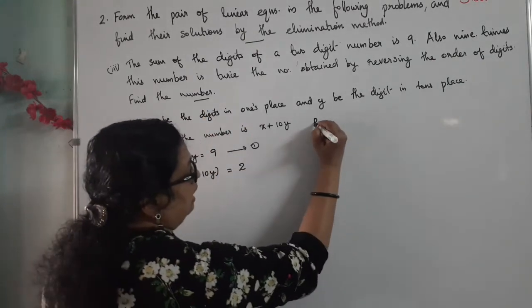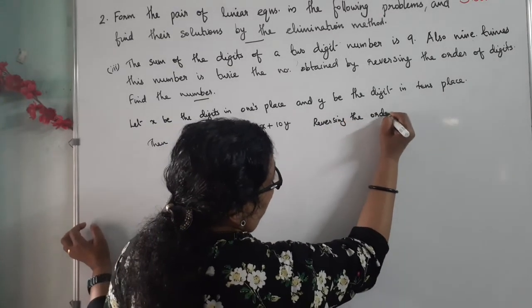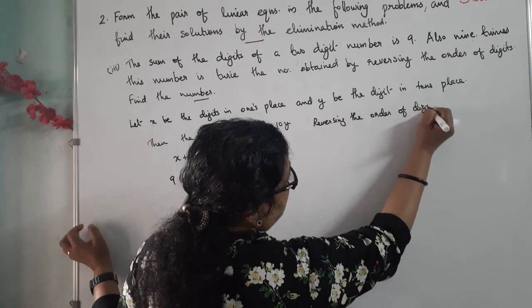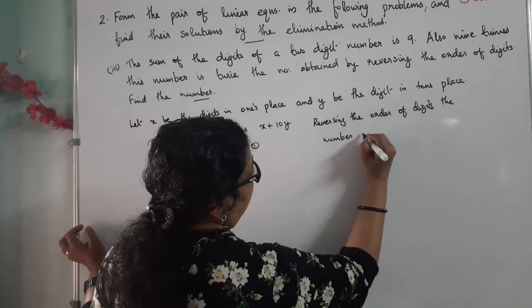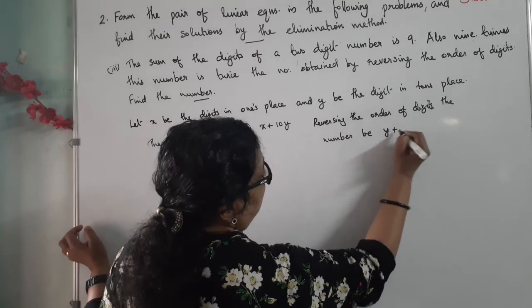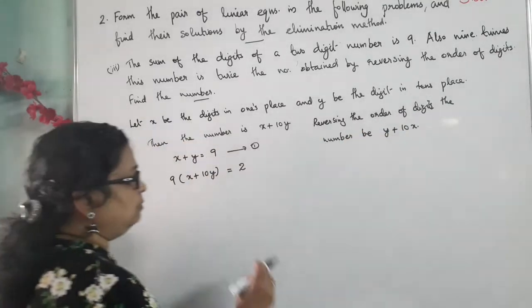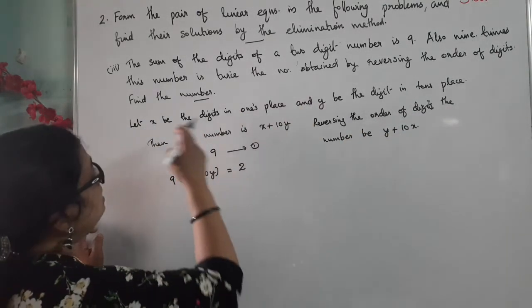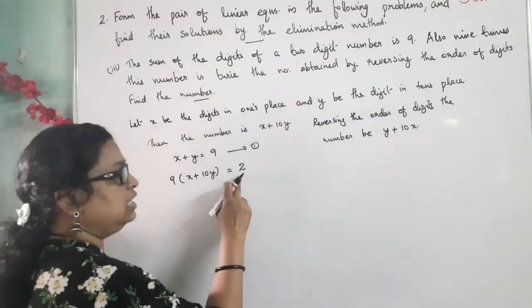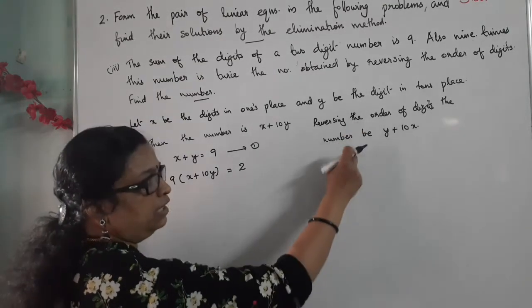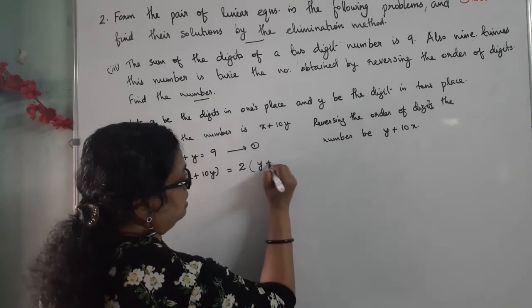Then here we can write reversing the order of digits, the number will be y plus 10x, that is y is in ones place and x is in tens place. So here the condition is 9 times this number, that is x plus 10y into 9, is equal to twice the number obtained by reversing the order, that is 2 into y plus 10x.